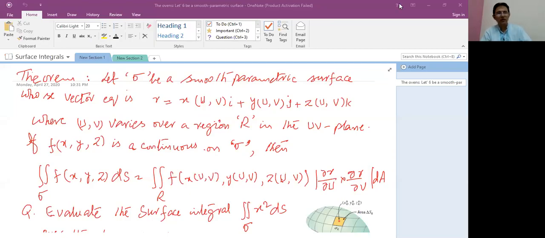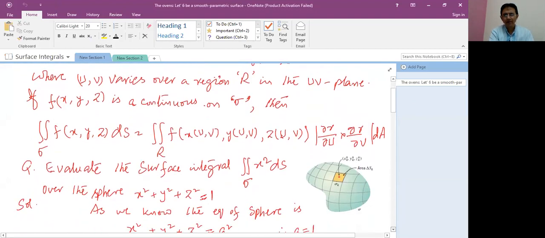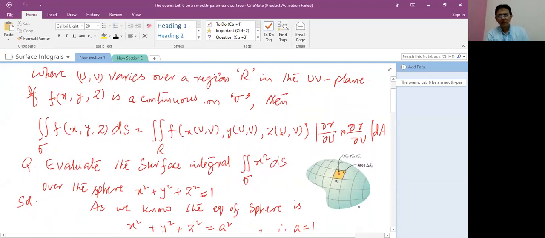Today our topic is surface integral. Now, what is surface integral? If you can see the diagram, when we consider the different boxes, it means it is a surface, and we consider only a small part of the surface.